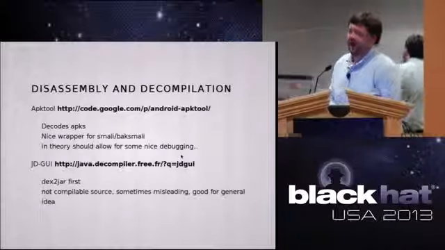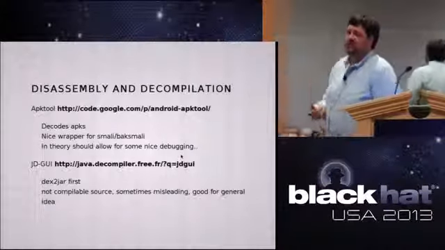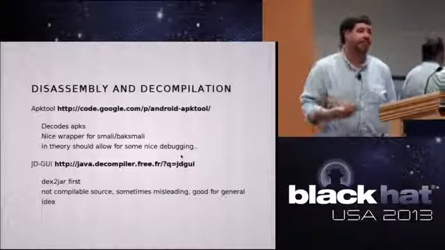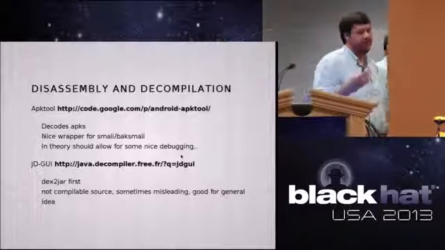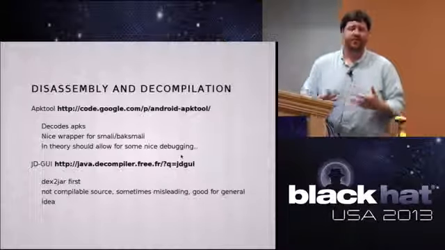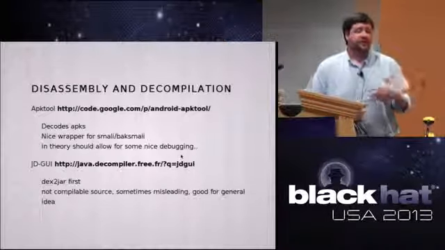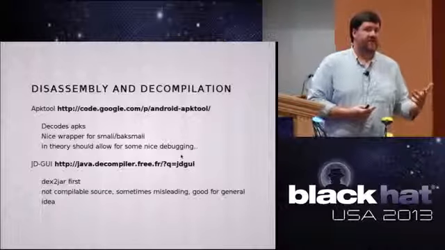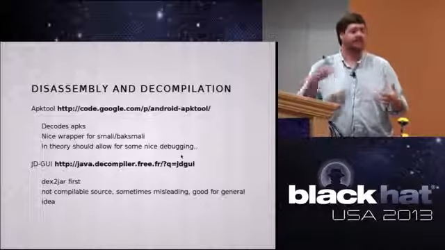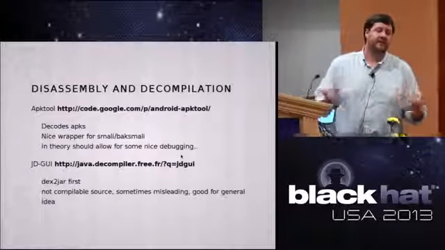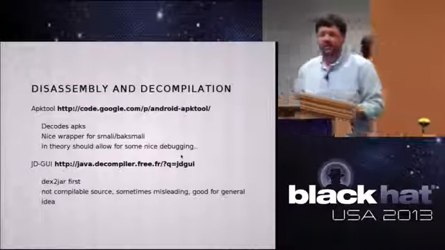You can also use Java decompilers, which produce Java code that's not compilable, but looks a lot like Java, and you can get a more high-level understanding. So these two work hand in hand very well. If you want to know what's really going on, you get down to the bytecode level, the assembly level. But if you want a good idea of the algorithm and to see it from a higher level as you're digging in, decompilation works well.